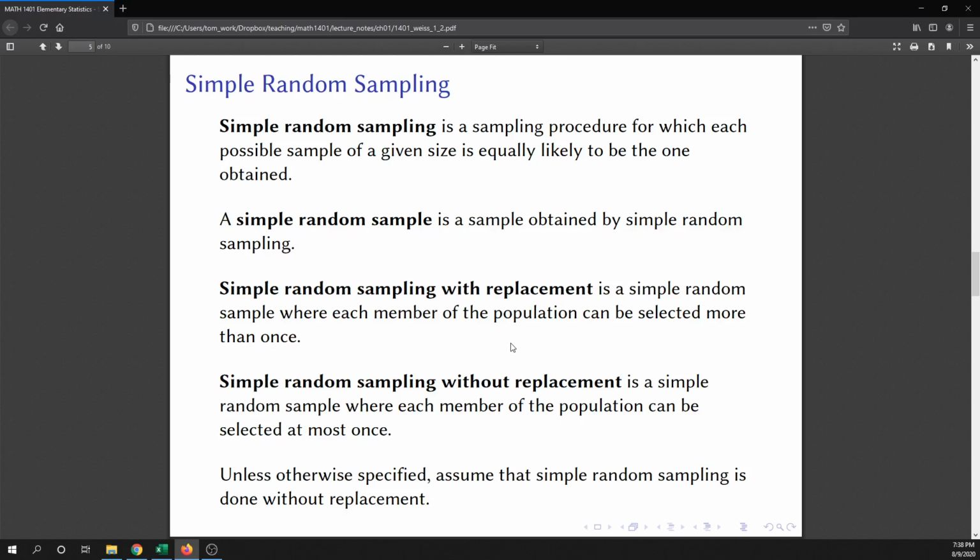That's the default one that we're going to assume. Unless otherwise specified, we will always assume that simple random sampling is done without replacement. So each individual in the population can be picked at most once. We'll use that most of the time, in fact all but one part of this course where we'll talk about sampling with replacement.